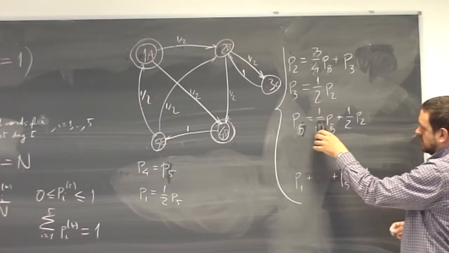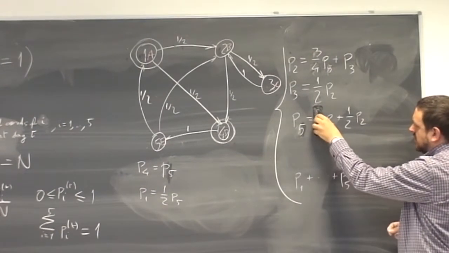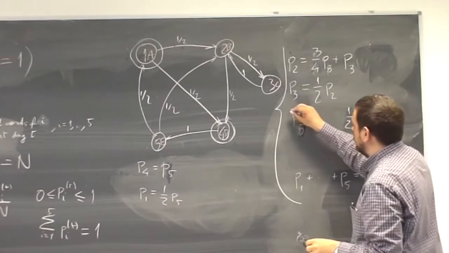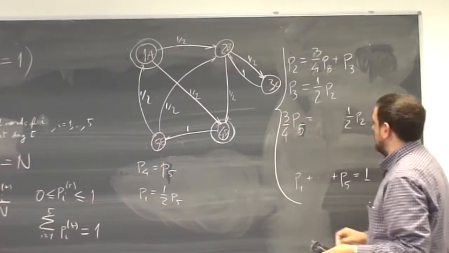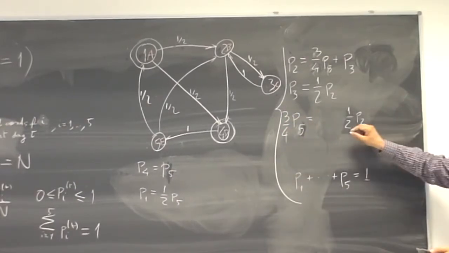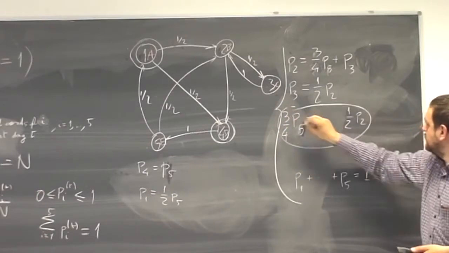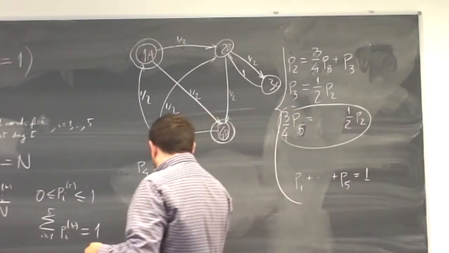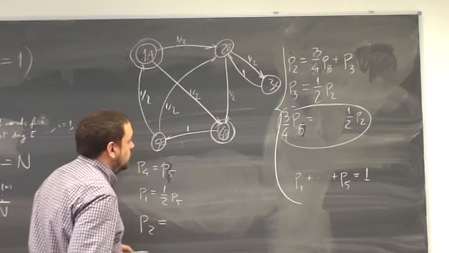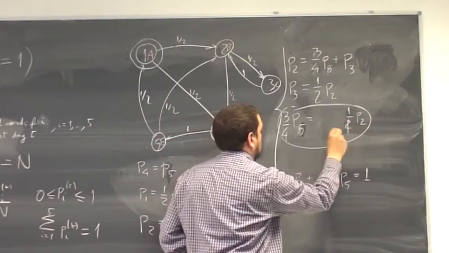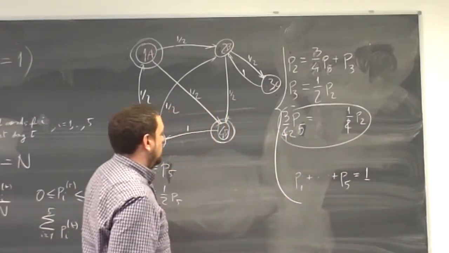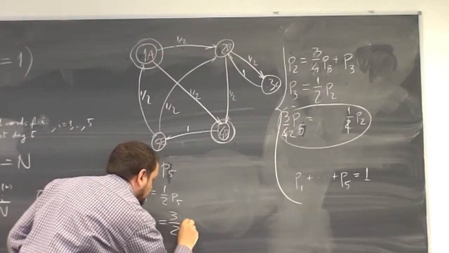We can bring this on this side, so here remain 3/4 P5, and so this becomes P2 equal to 3/2 of P5.